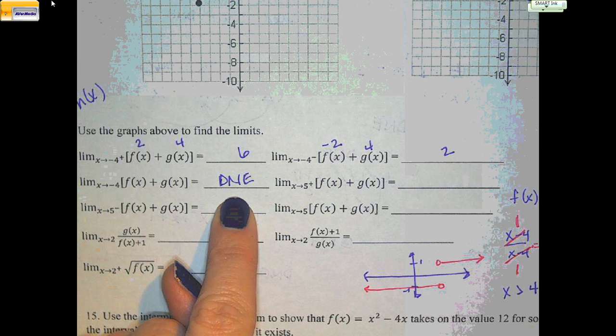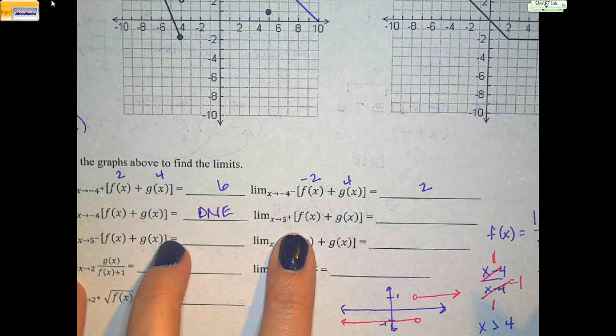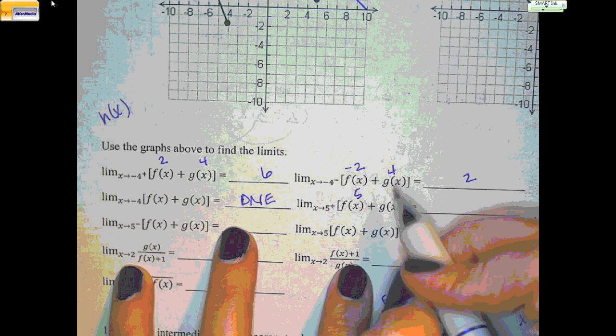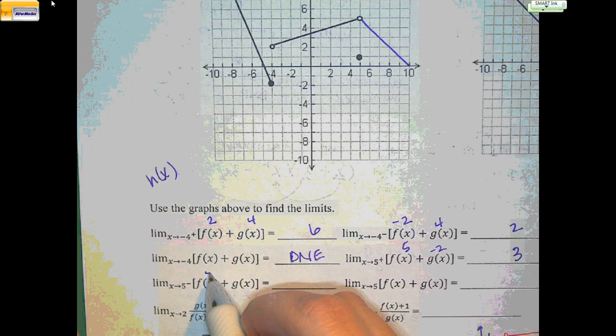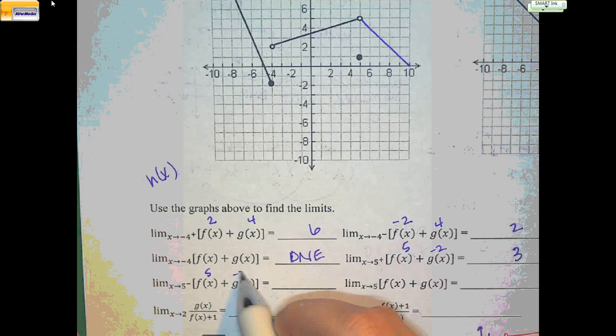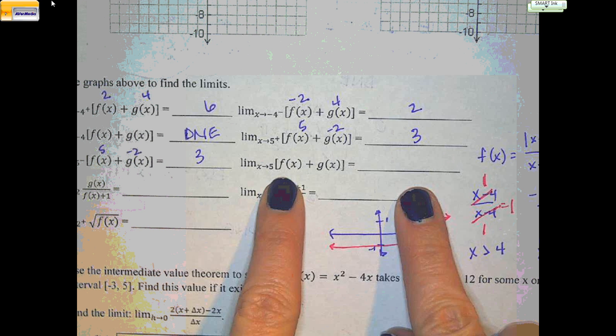Let's look at the next one. We're approaching 5 from the right for f of x, which is 5. We're approaching 5 from the right for g of x, and it's -2. So we get 3. 5 from the left, still approaching 5. Still approaching -2, and so we still get 3. For this one, the limit from both sides.